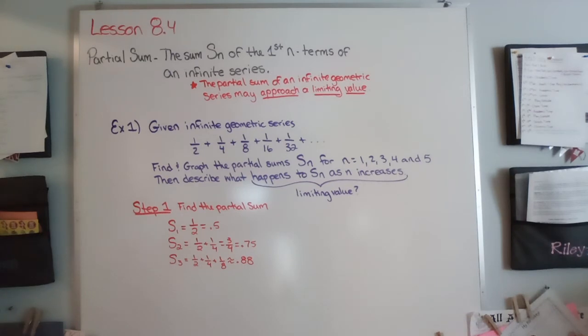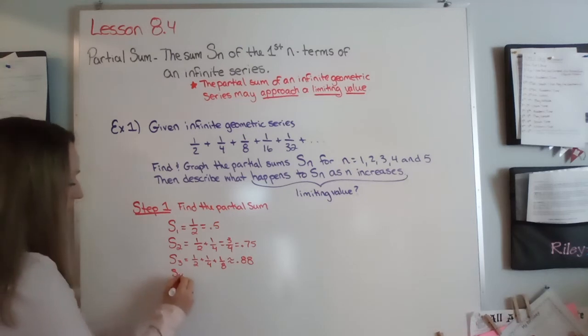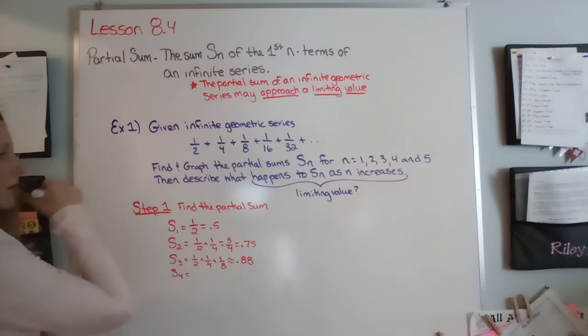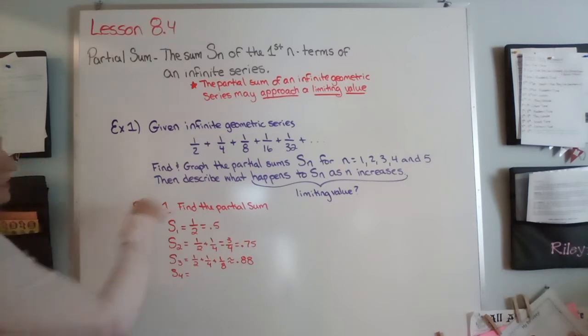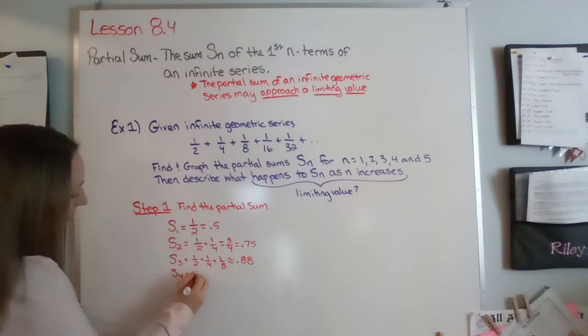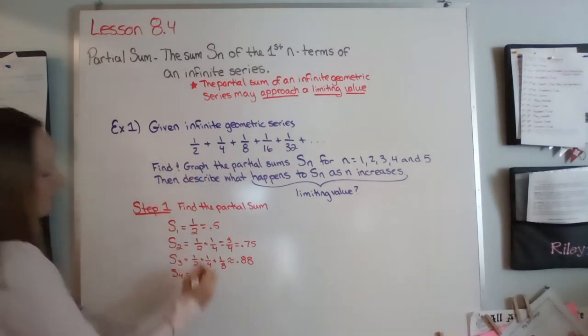Then I'm going to find the sum of the first 4 terms. So 1, 2, 3, and 4. I'm going to write them all with common denominators of 16. So it's 8/16, the same thing as 1/2.